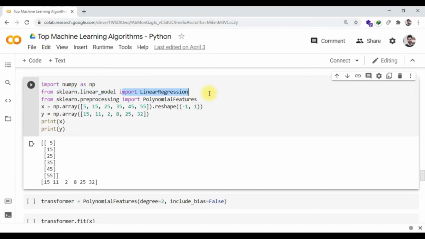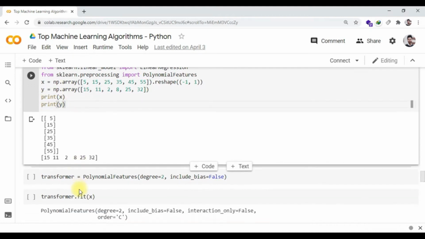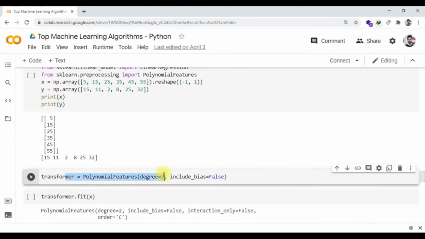I get the linear regression function here, and I get the array and reshape it, then I get my target variable array and print both. Then I get the transformer and set it to degree 2, excluding the bias.